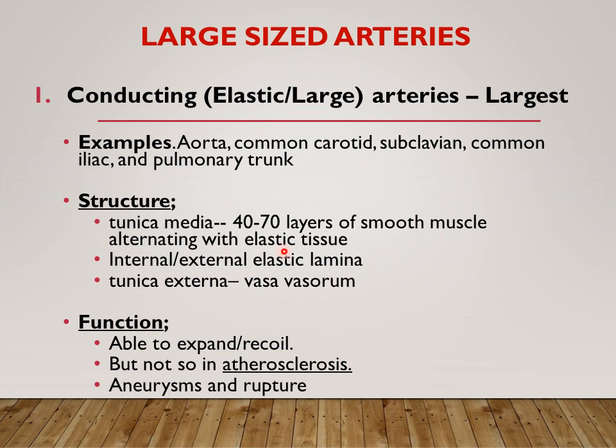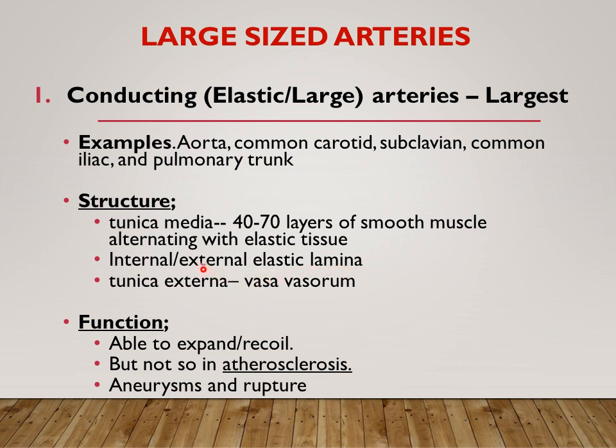These blood vessels, especially the aorta, directly receive the blood from the heart. So there has to be more and more elastic tissue to withstand the pressure, because they are receiving the blood at higher pressure. Then there is the internal and external elastic lamina.